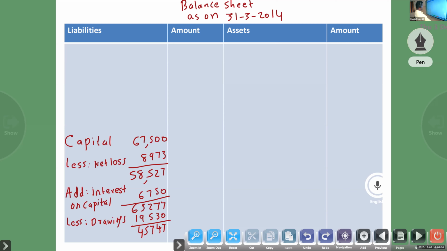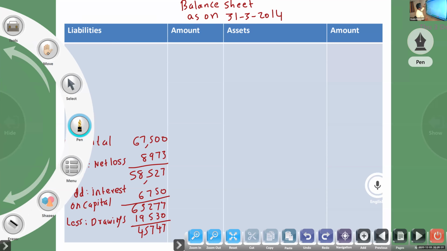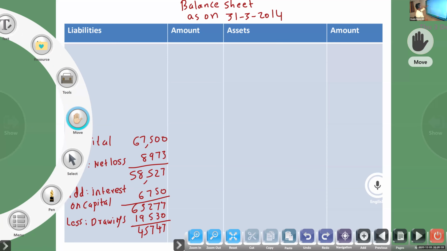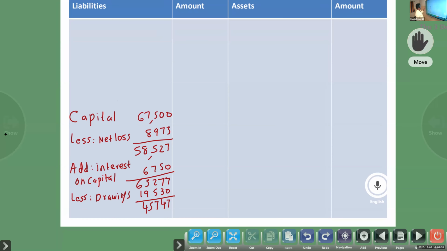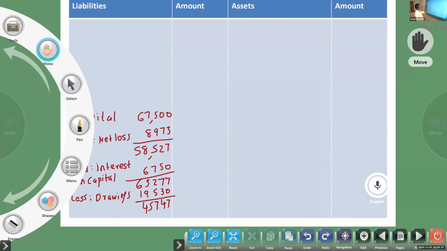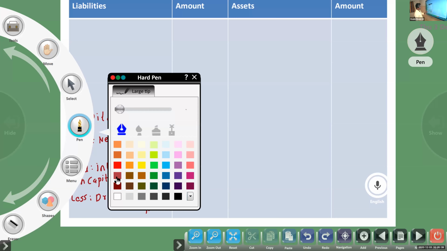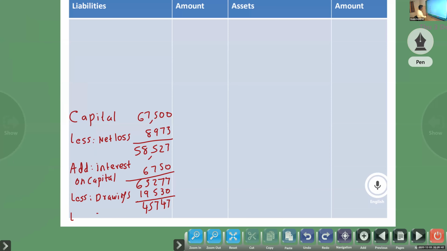So you have to less one more item, less interest on drawings.